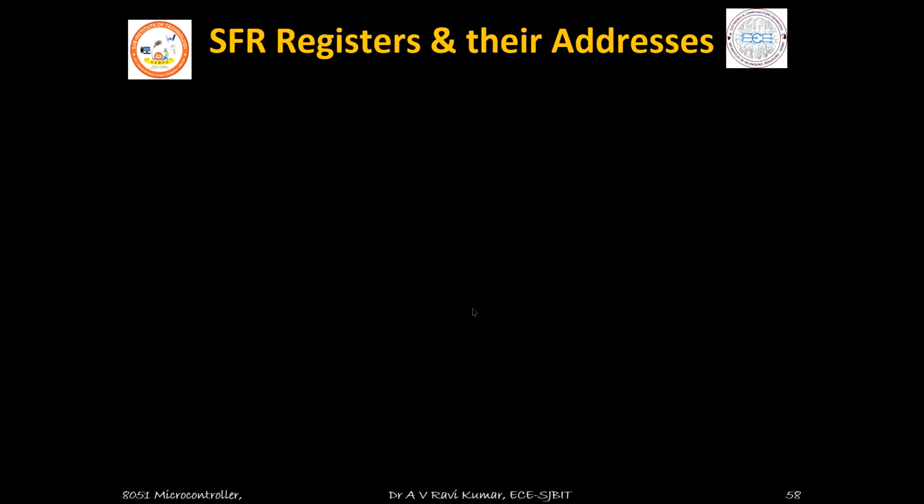We have the SFR registers and their addresses, so that we can access the registers through their addresses. Let me take the first one: MOV 0E0H, #55H. As we know, this is an immediate value, so this is immediate addressing mode, and this is your direct addressing, the operand I mentioned.